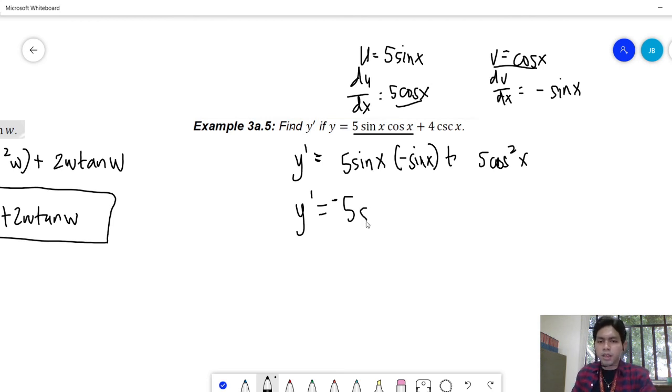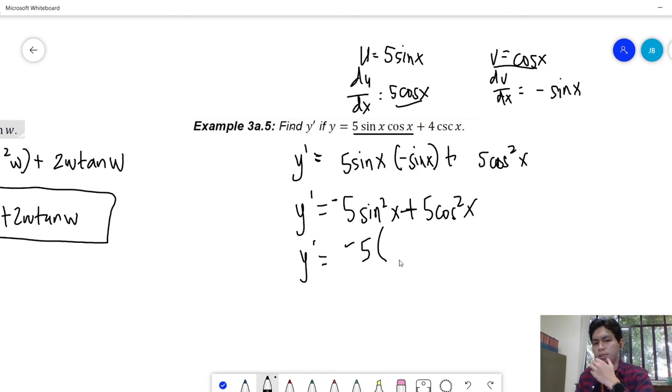So negative 5 sine squared x plus 5 cosine squared x.